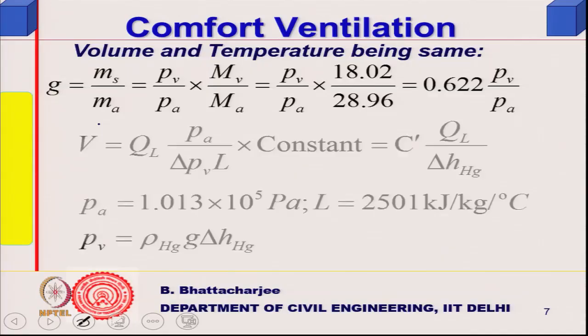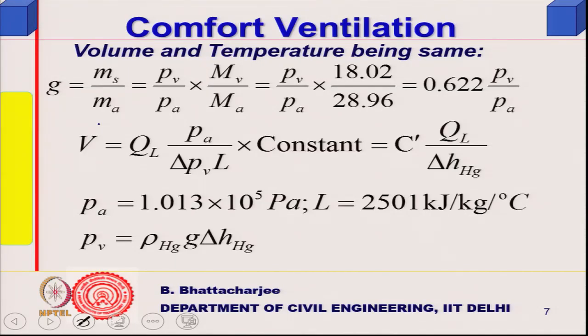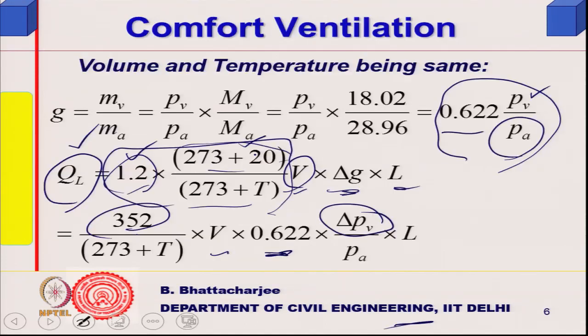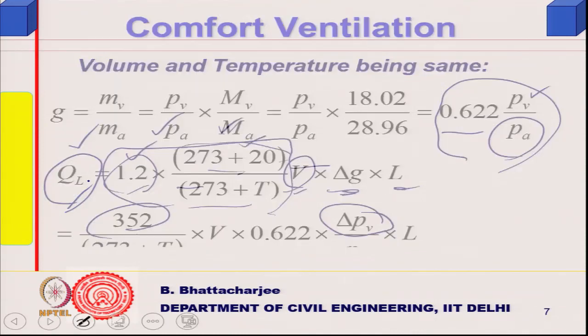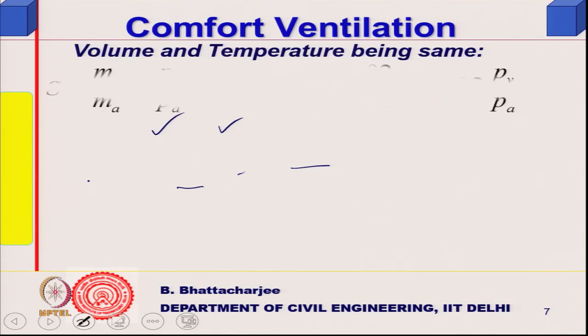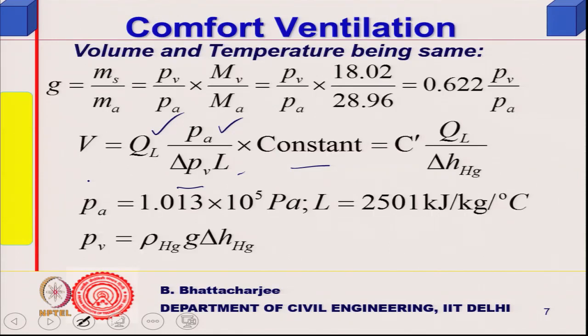So, G this we have seen, and then therefore, V is nothing but some constant QL PA delta PB by L from this equation. Simply V is expressed from this one, V is equals to QL by L PA divided by delta PB, into all rest of the things are all constant.